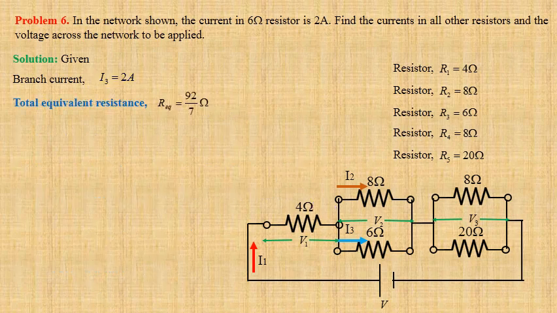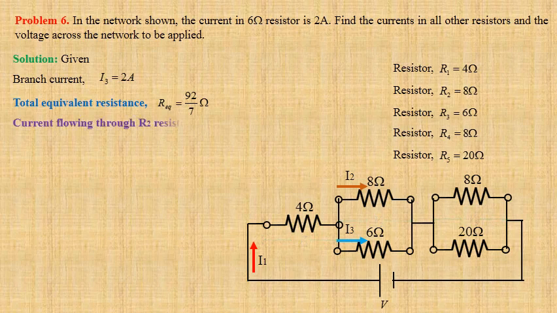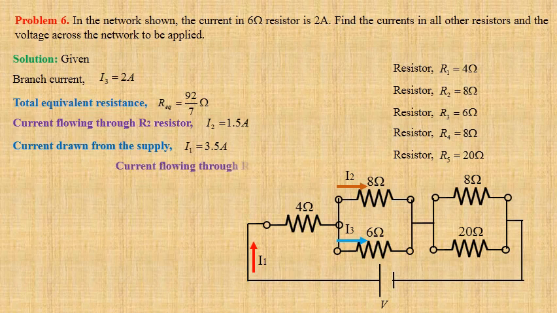We have computed current flowing through resistor R2, I2 equals 1.5 ampere and current drawn from the supply I1 equals 3.5 ampere. That is the current flowing through resistor R1.